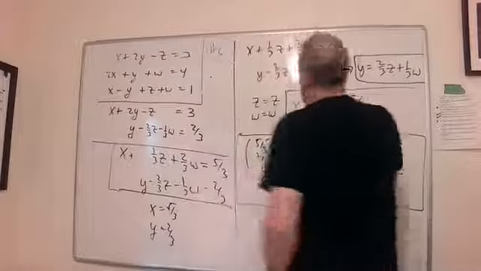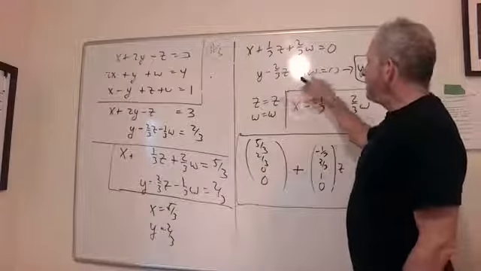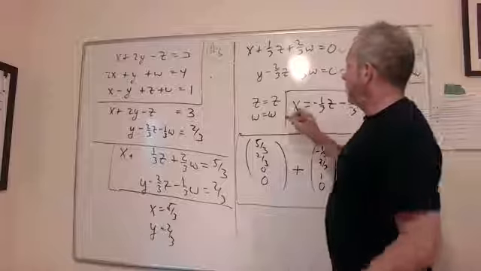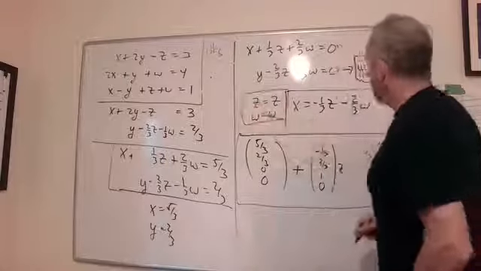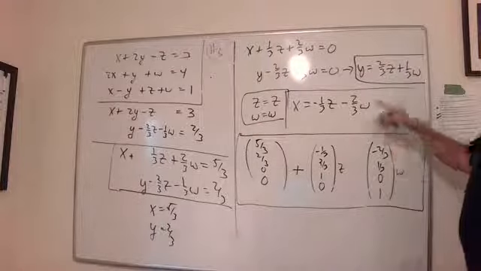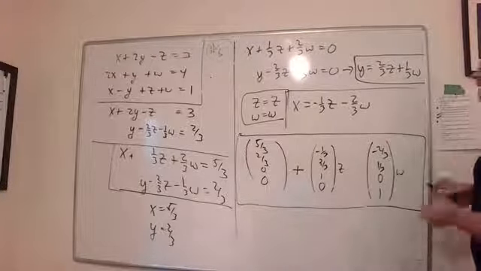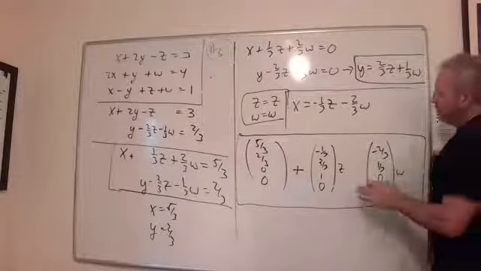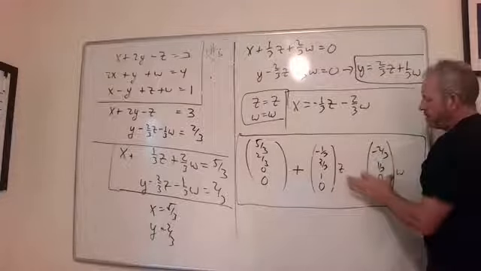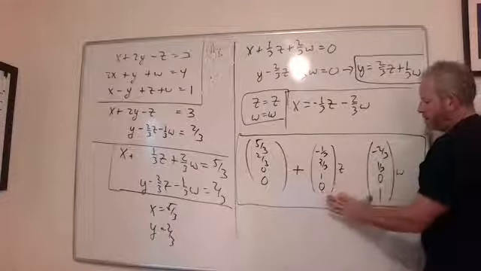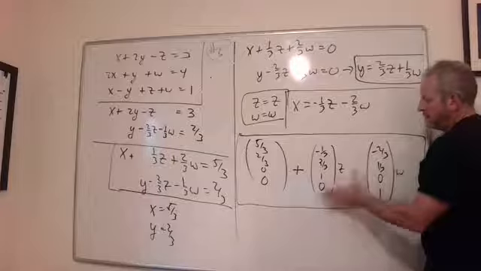And solving this, what do we see? We see that Z and W are free variables. So we write down Z equals Z, W equals W. I solved for X and Y and got this. And then, because these are the free variables, these are going to be the scalar coefficients of these two vectors. How do I know what these two vectors are?